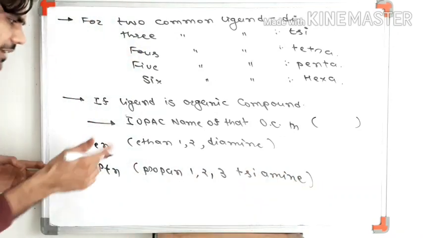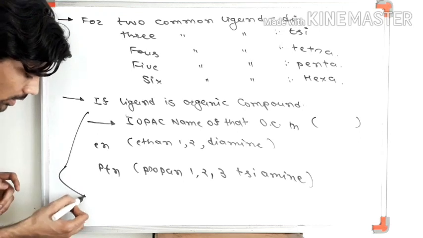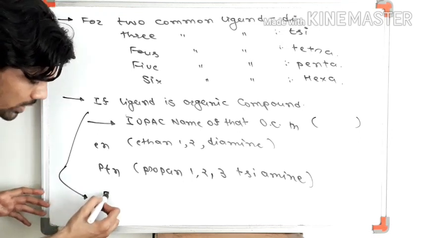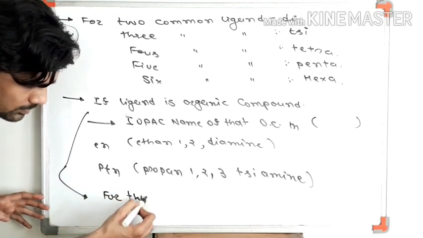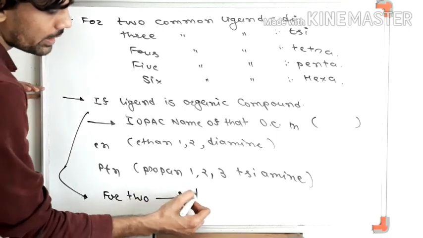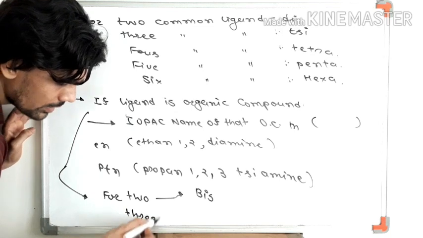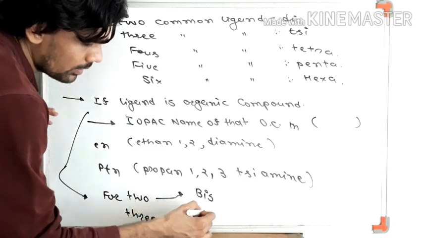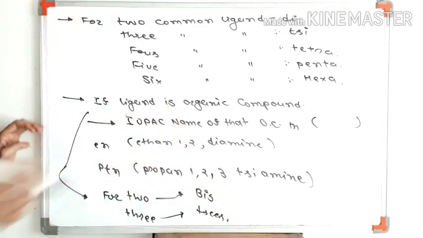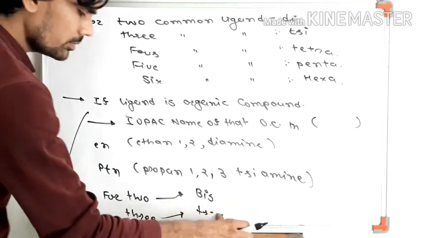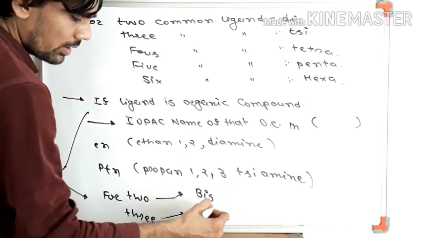Okay, and if that organic ligand is two times, for two organic ligands it is bis. For three organic ligands it is called tris. Okay, it is called what? Tris.